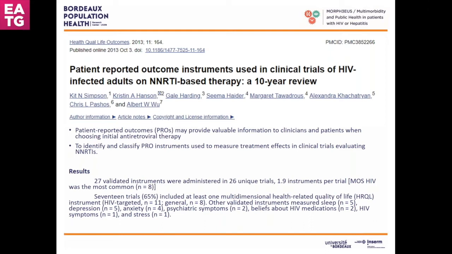And what they found was that there were 27 validated instruments that were administered in 26 unique trials. So often more than one instrument was included in the different trials. And although there's a fair amount of diversity in terms of the instruments used, they found that 65% had at least one multidimensional health-related quality of life, and then other instruments that look to measure sleep, depression, anxiety, or psychiatric symptoms, beliefs about medication, and stress.